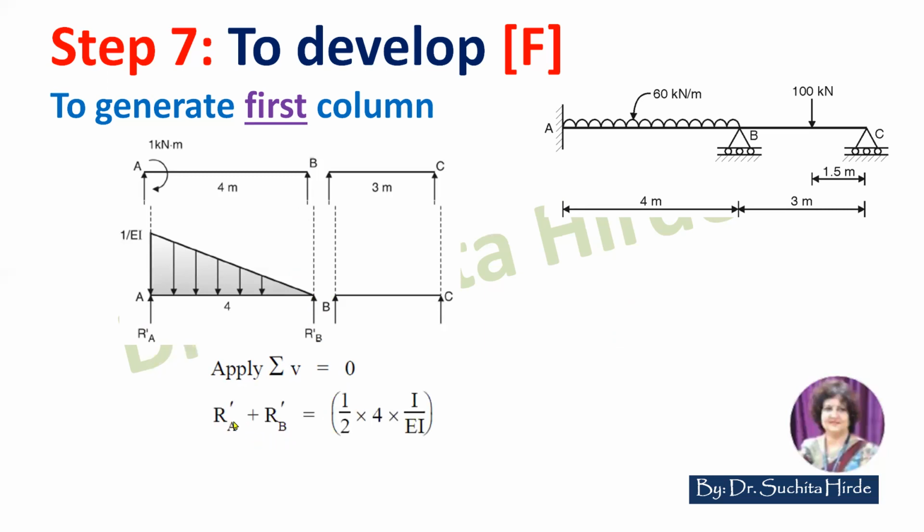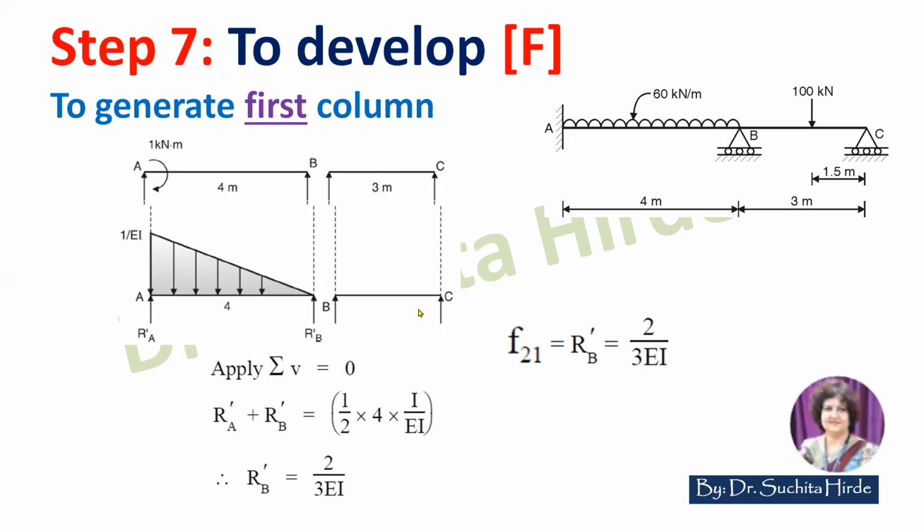So total load is equal to RA dash plus RB dash. So we get RB dash is equal to 2 by 3 EI. And this RB dash is nothing but F21, that is displacement at 2 due to unit rotation at 1, which is equal to 2 upon 3 EI. So this is how we can generate first column of flexibility matrix.